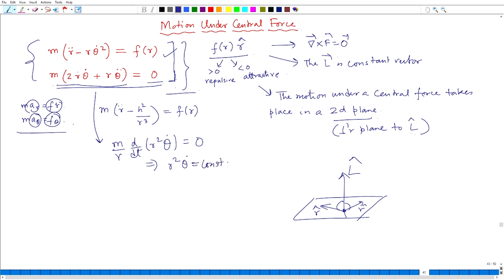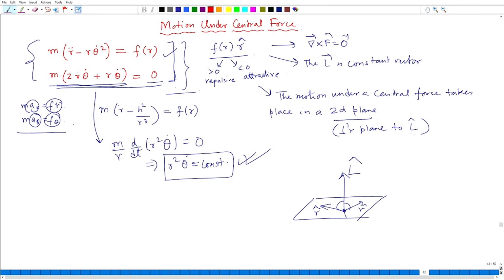However, if your motion is planar but the force is not central, then this conserved quantity is not guaranteed, because this one will then not be equal to 0. Here I am just putting this equal to 0, so that we retain our case of central force.